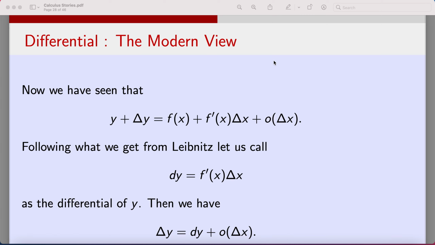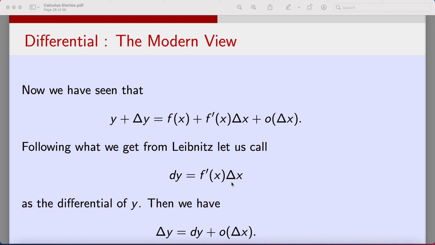Now, what did Leibniz say? Leibniz said that this dy is nothing but f dash x into dx, but dx is actually delta x.